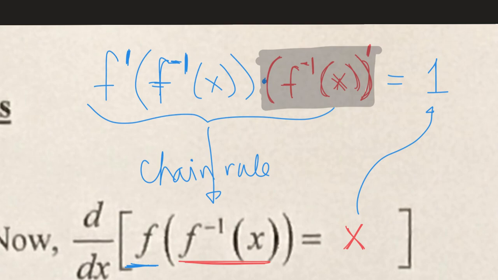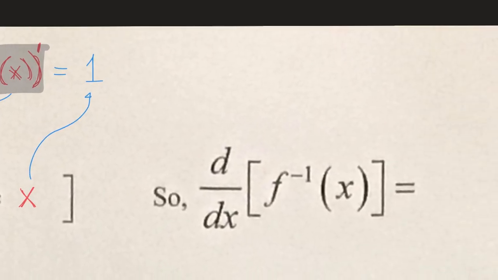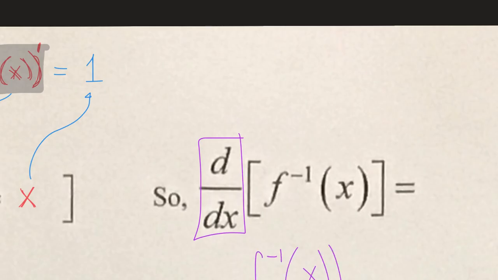So we're going to divide both sides by f prime of f inverse of x. And this is our formula. Here we have the derivative of f inverse of x, which you will also see written as f inverse of x prime. So you're going to see it both ways, with the derivative notation out front or with the prime notation after.